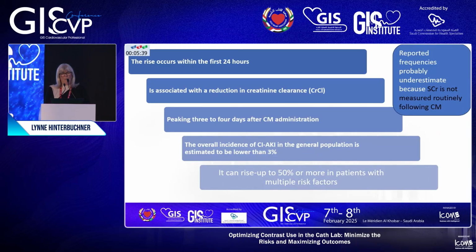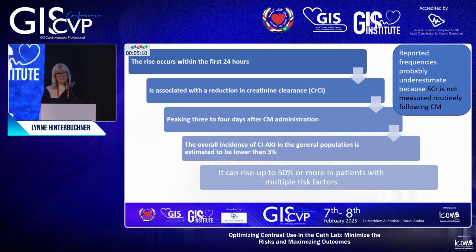So, what happens? There's a rise within the first 24 hours, so you're looking at that patient's lab values, and it's associated with the creatinine clearance, so you're looking at the filtering ability. And a lot of us don't see it, because the patients are leaving the hospital quicker today; you'll see a peak at 3 to 4 days. They're often gone home already, so you don't know how much trouble they're coming into, because we're usually not measuring it anymore because they've gone home.